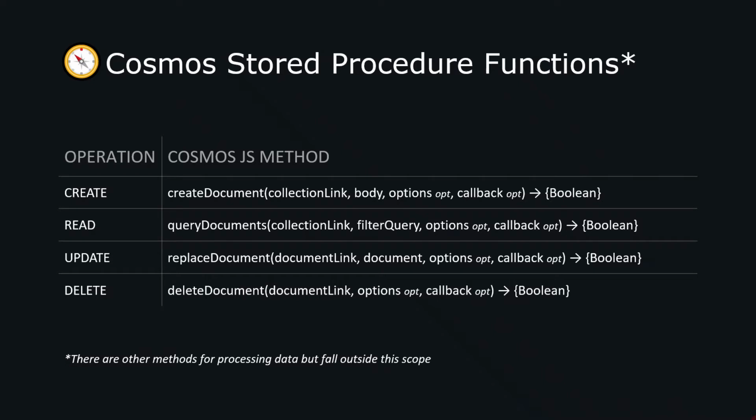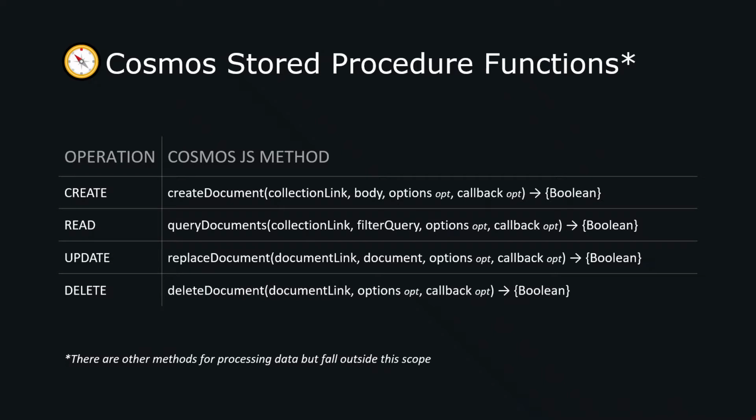These options are additional things that we want done in the CRUD operation, and what we notice is that they all return Boolean, basically a true or false, did this work or didn't it, and they all have a callback function, which is almost like an acknowledgement, an if-this-then-that type of function.